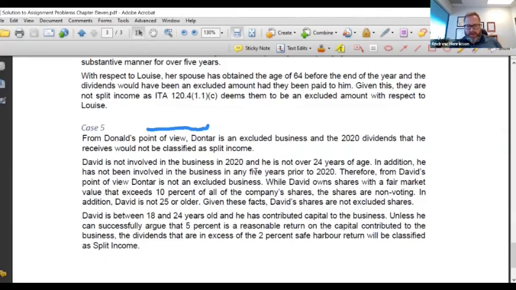They pay dividends at an annual rate of 5%. They're non-voting. Assume the basic prescribed rate is 2% throughout 2020. It says during 2020, Dontar pays $105,000 in dividends to Donald and $6,000 to David.